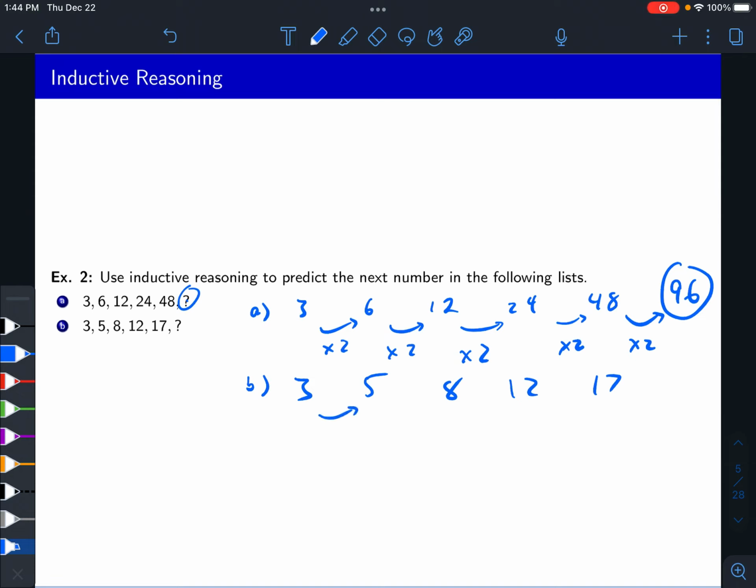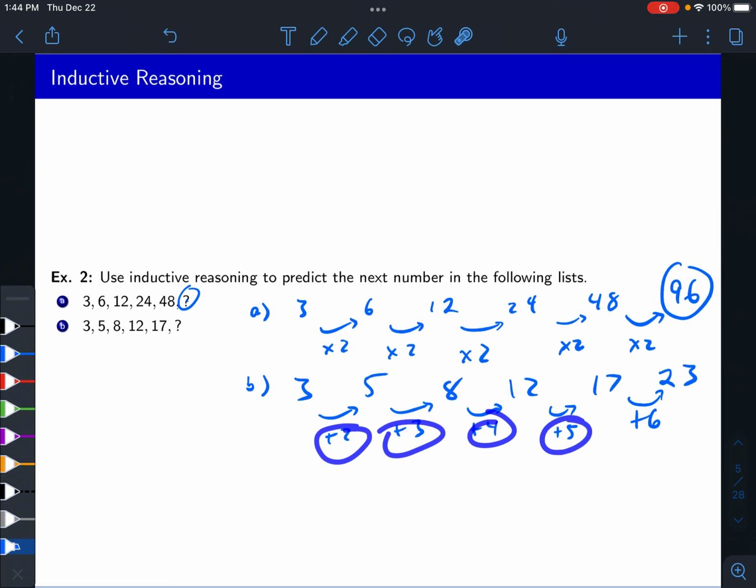In part B, let's think of it additively. So we're adding 2, we're adding 3, we're adding 4, we're adding 5. Hopefully it should come as no surprise that what I would conclude the pattern would be here is that the next number we should add would be 6. So just the numbers that we're going up by themselves are all going up by 1.